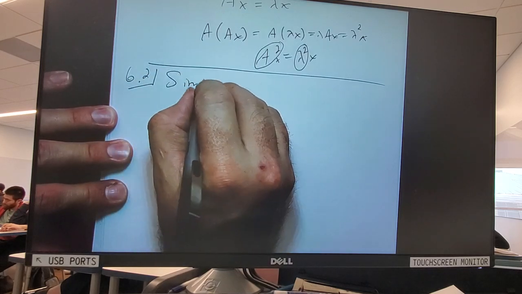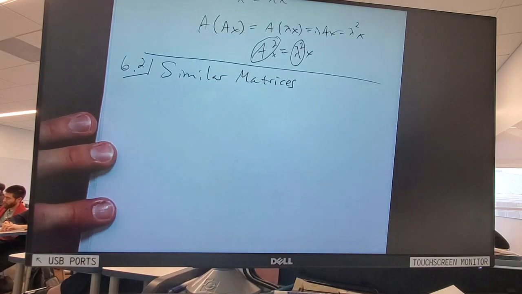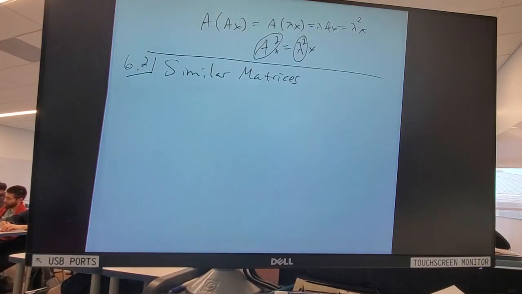I'm going to talk about something called similar matrices. They are effectively matrices that cause the same transformation to happen when you apply them, but along different coordinate axes.